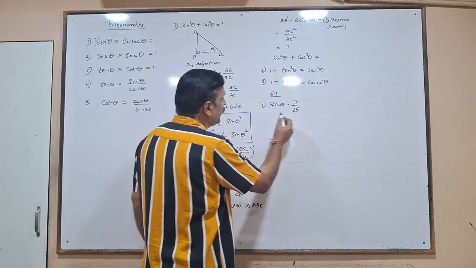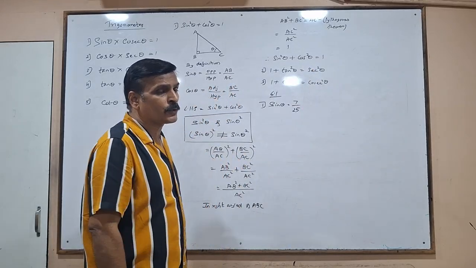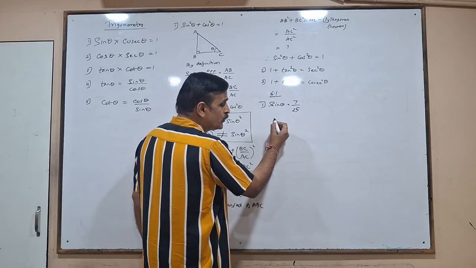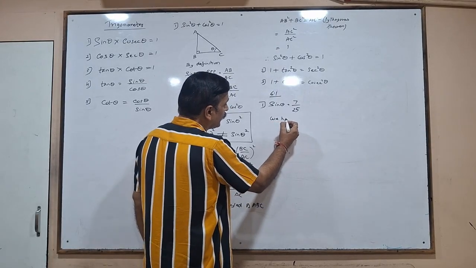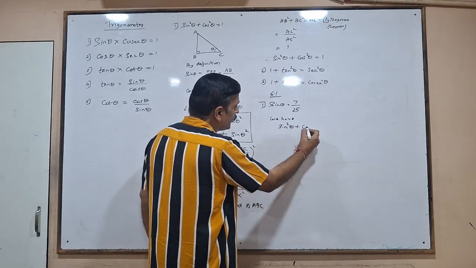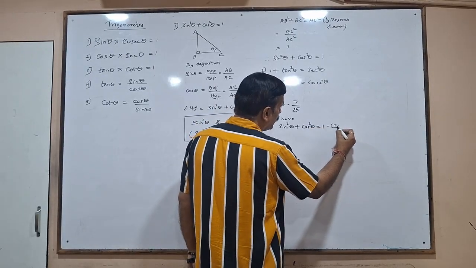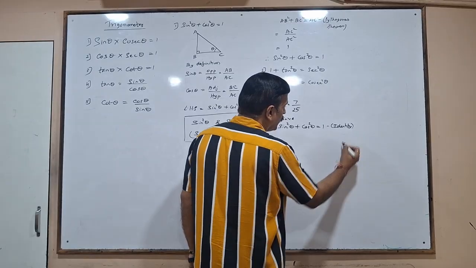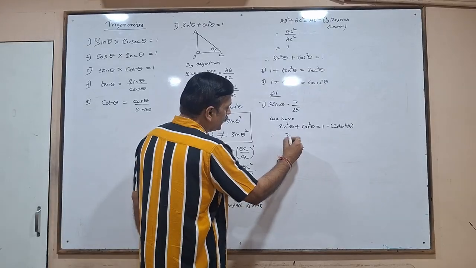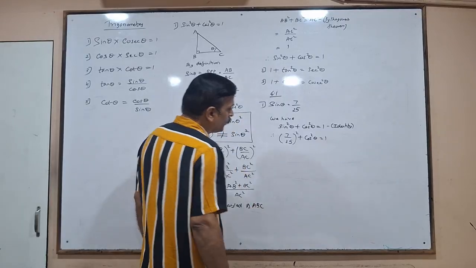Now, because we have sin theta and we know we have an identity sin square theta plus cos square theta is equal to 1, so we can use the same identity. Sin square theta plus cos square theta is equal to 1. As it is an identity, please write identity. Substitute sin ka value, 7 upon 25 the whole square plus cos square theta is 1.